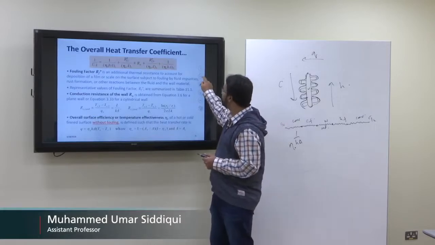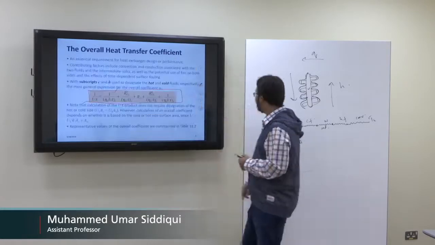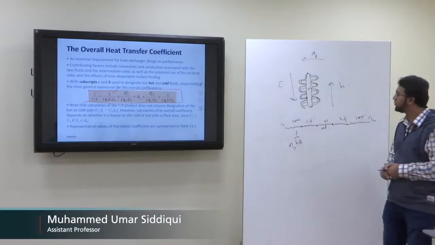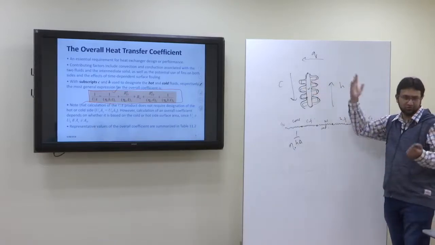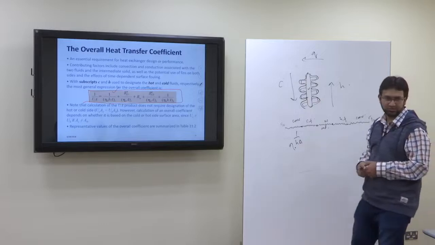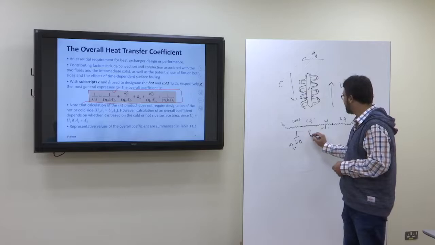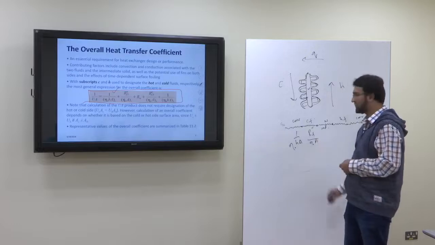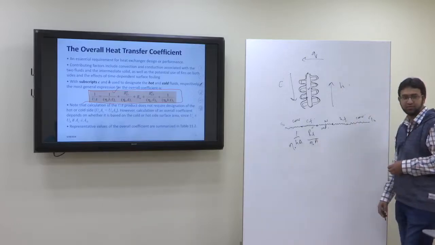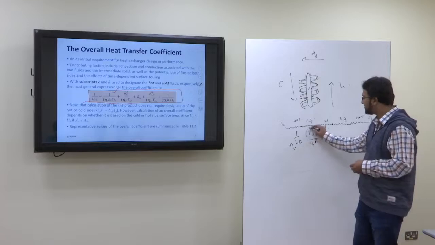So if you know the fouling resistance of the cold side, whatever the cold side fluid is, based on that you will determine it. Then it will be R_F double dash upon η_o A. R_F double dash is what?